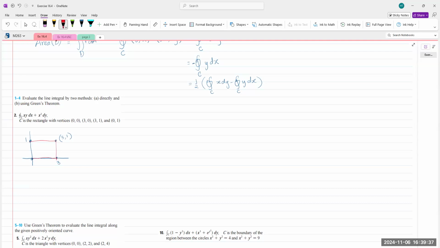The assumption is that it's positively oriented. So what is part B? What is the integral over closed curve C of xy dx plus x squared dy?